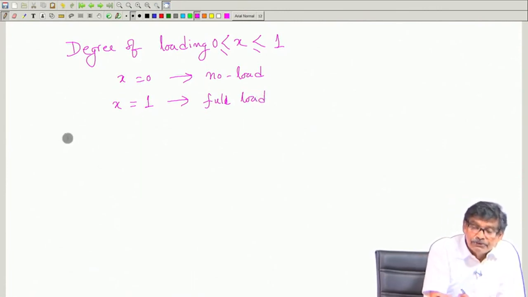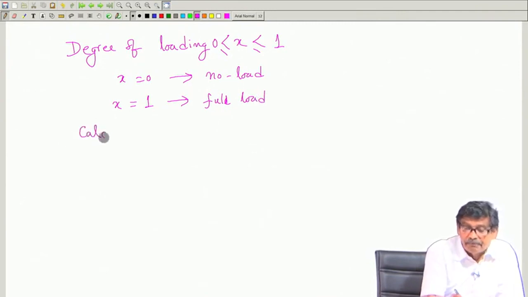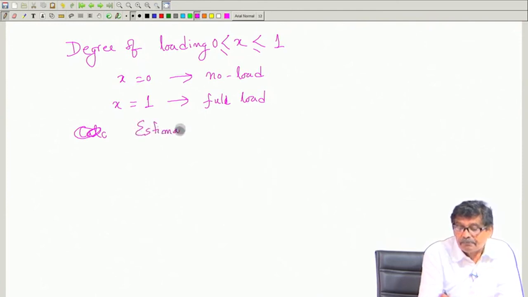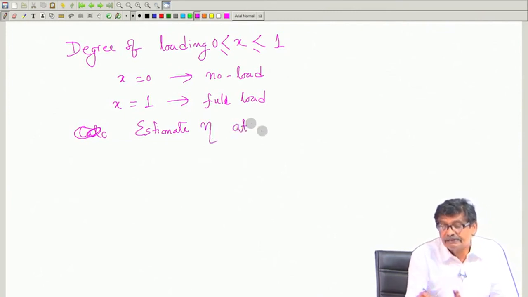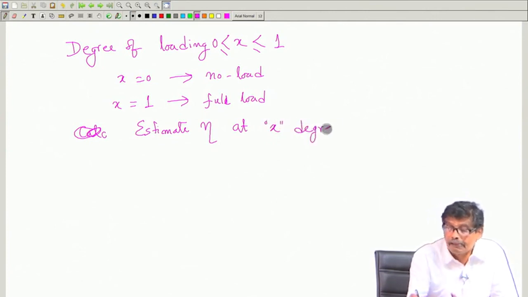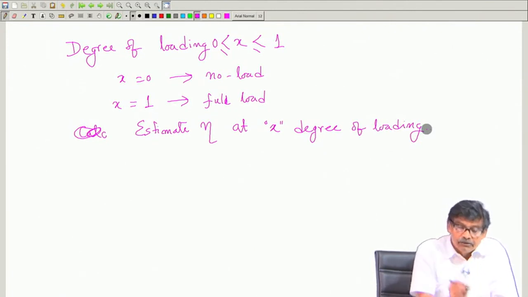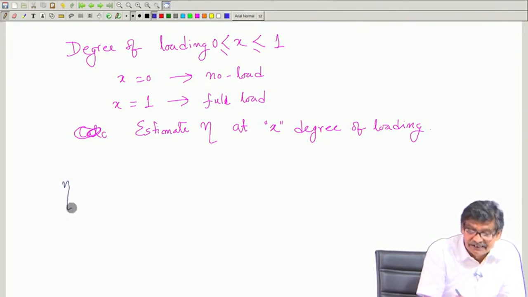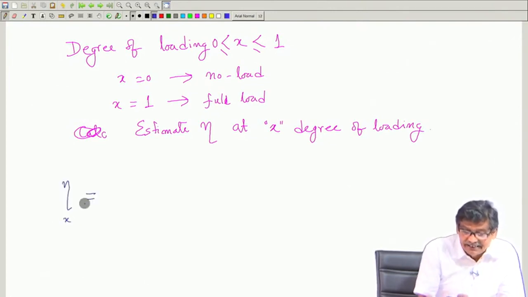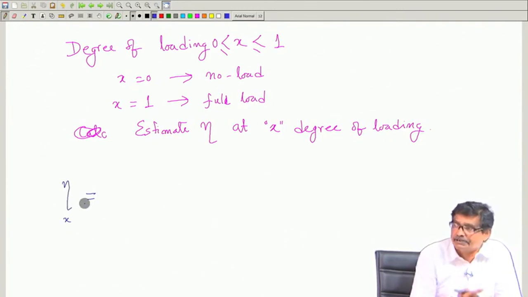So, we would like to try to estimate the efficiency at x degree of loading. I will call it eta x; x equal to 1 corresponds to full load efficiency, that way I will write.